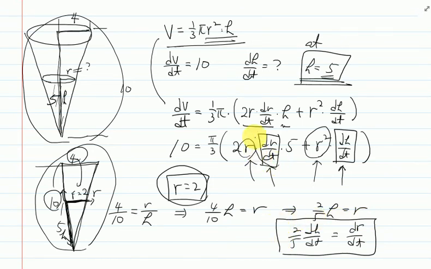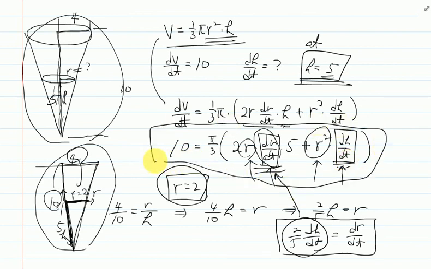Instead of dr/dt, we can substitute 2/5 of dh/dt. That's how we remove dr/dt, and everything is about dh/dt. That's the only unknown in this expression, so just rearrange it, and you can find what dh/dt is.